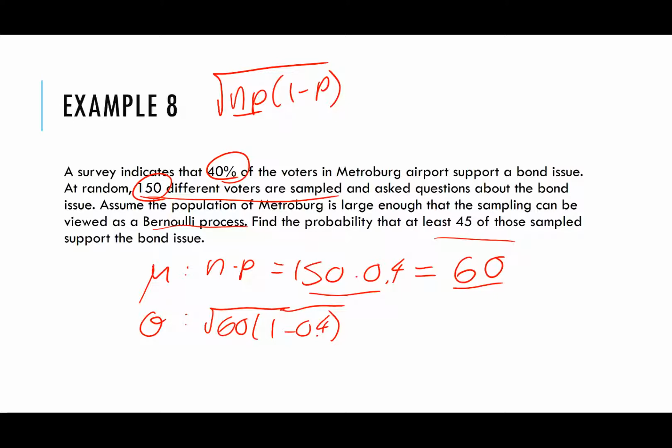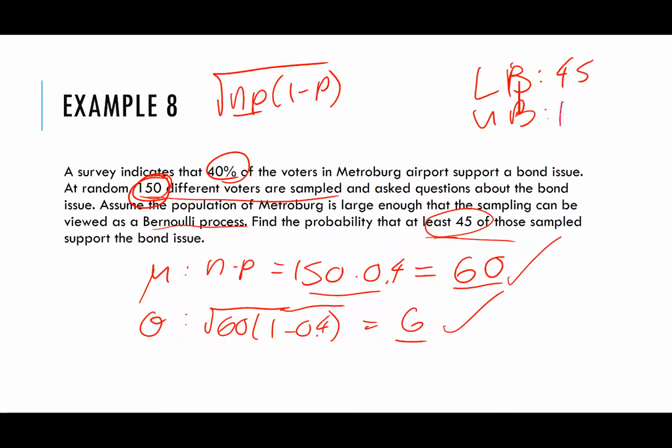Times 60, the standard deviation is 6. So the mean is 60 and the standard deviation is 6. If I'm asking for at least 45, then my lower bound is 45. My upper bound, because there's only 150 people in total, is 150. Then you already know your mean and standard deviation, so type those numbers in the calculator and it will give you the probability.